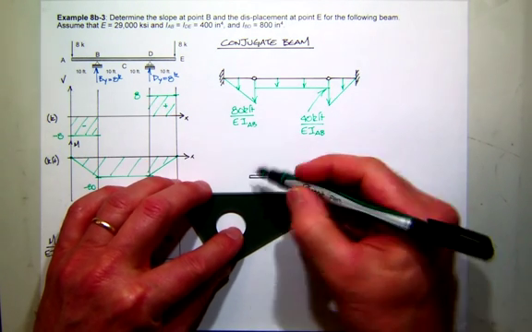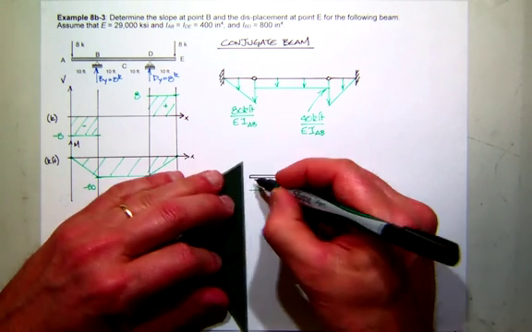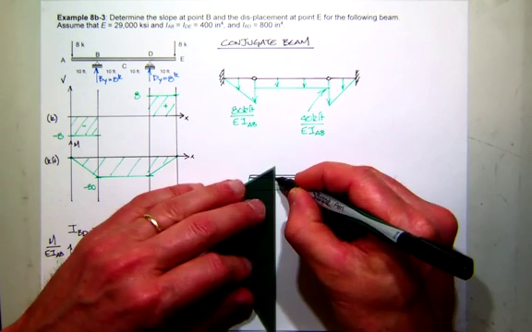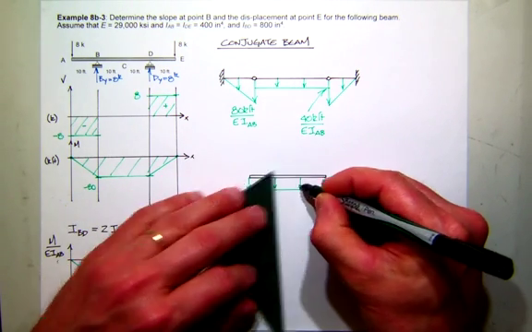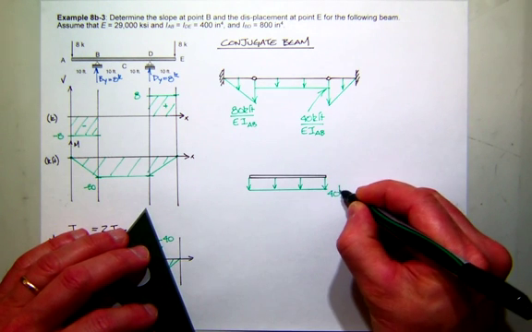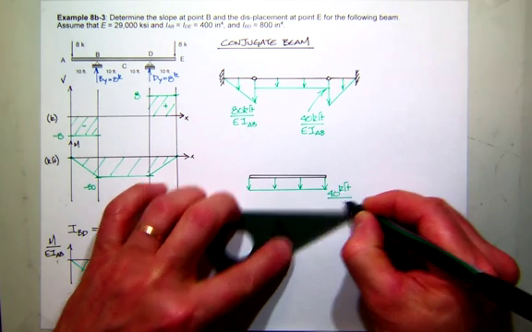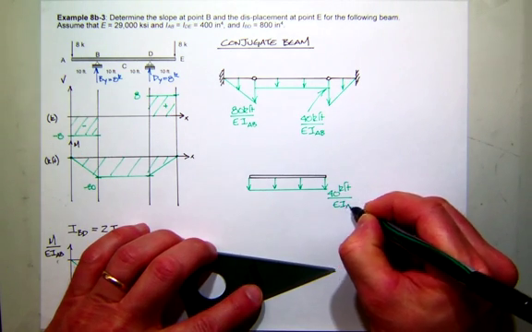And applied to that middle section is this load, which has the value of 40 kip feet divided by EIAB.